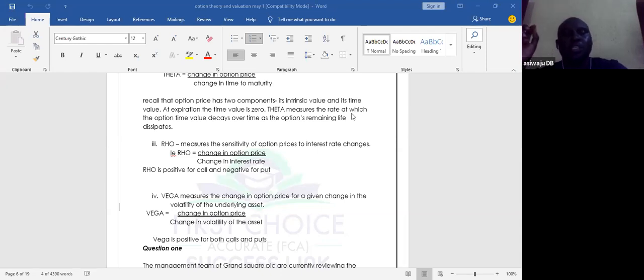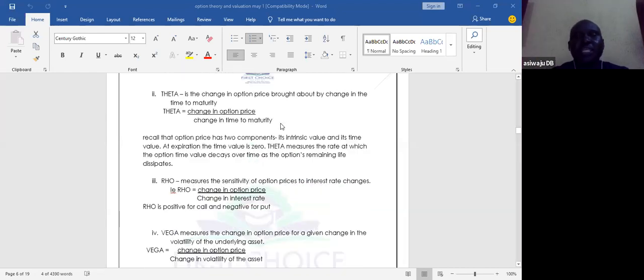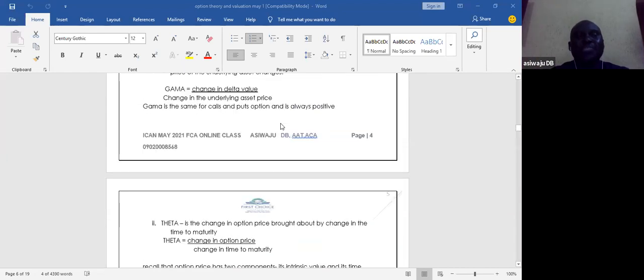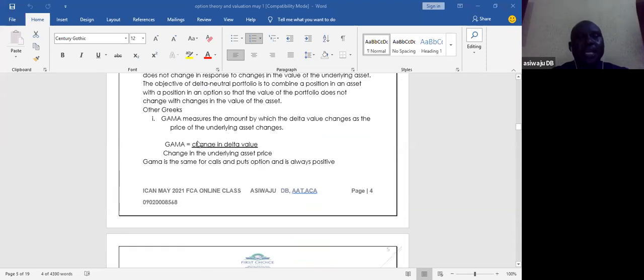Now, as the students here, I should recap on gamma. Gamma measures change in delta value as a result of change in asset price. So gamma measures change in option value as a result of changes in the price of the underlying assets.